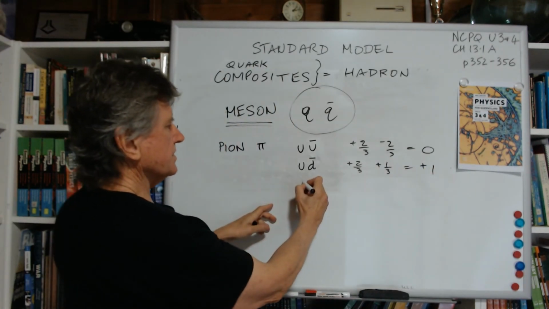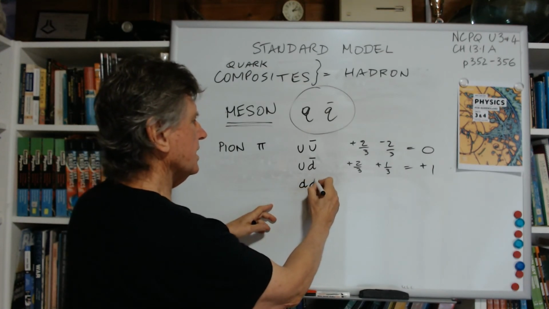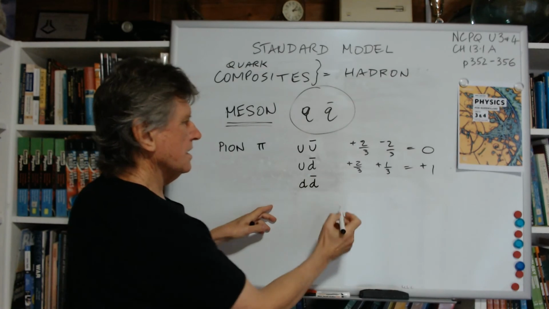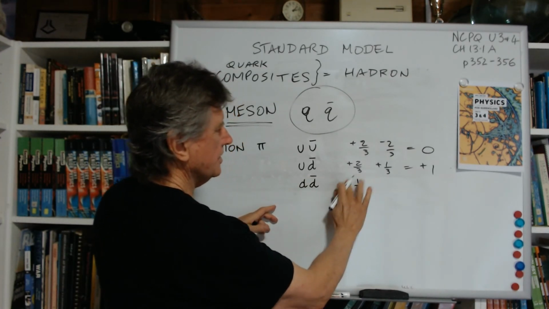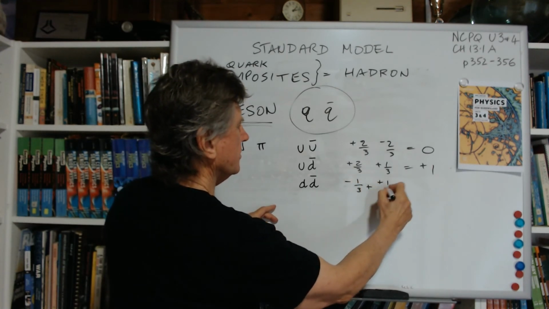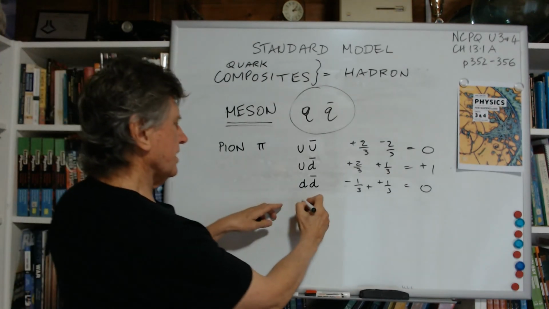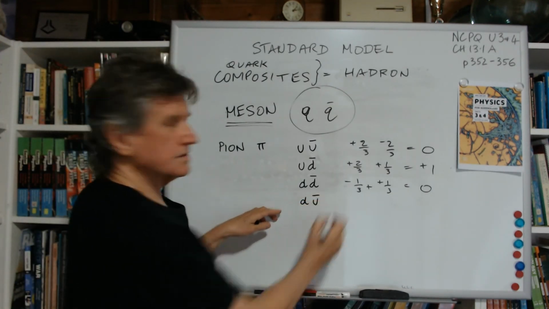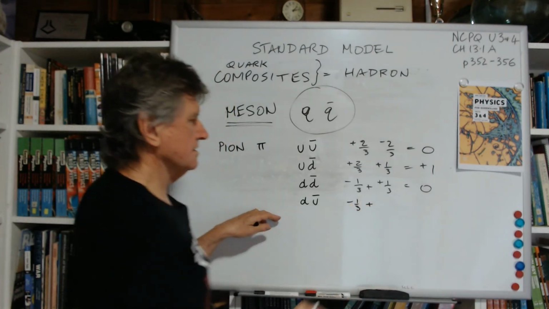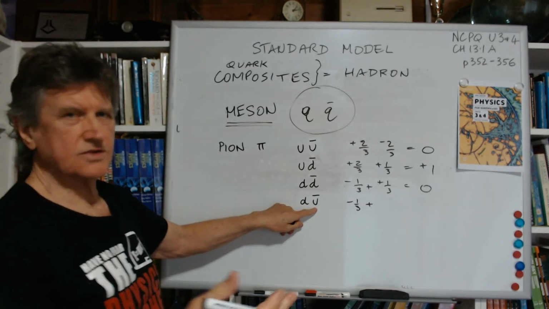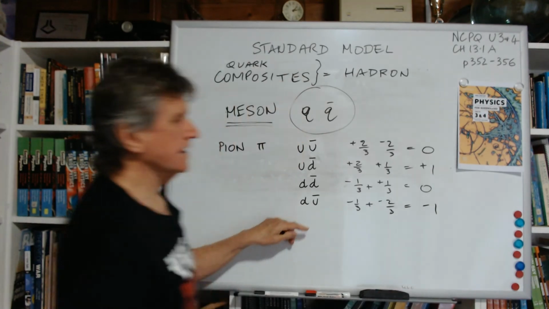And we could also have, say, a down and an anti-down, so that'd be minus a third and plus a third, and that's 0. And we could have a down and an anti-up, for instance. So it'll be minus a third, plus, now an up is normally plus 2/3, so it'll be minus 2/3, and that would be negative 1.